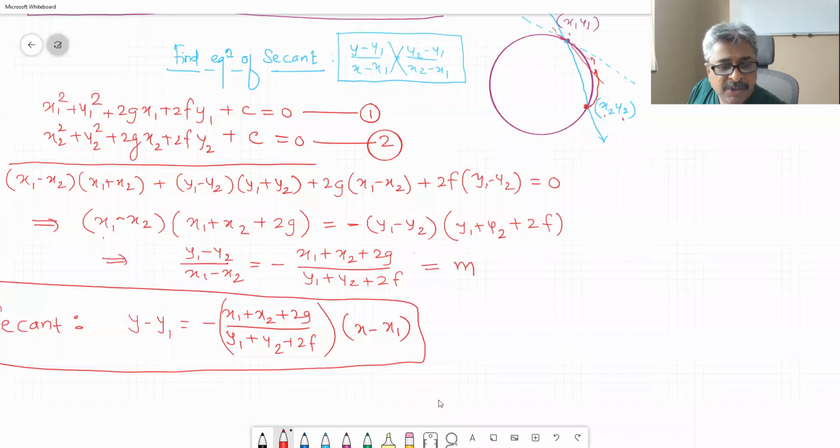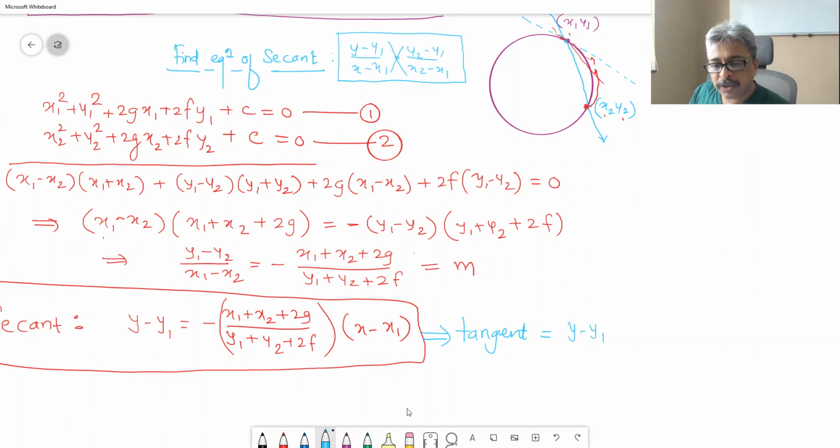So if x2 becomes x1, this converts into a tangent. If x2 becomes x1, y2 becomes y1.